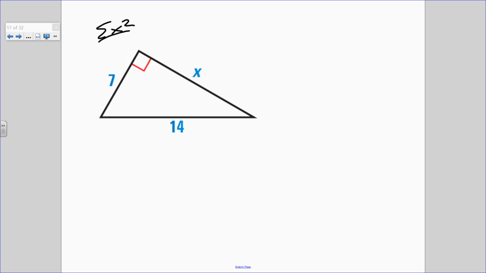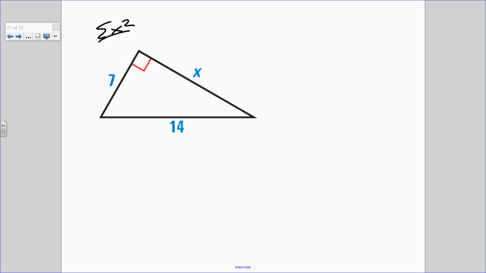Can you provide an argument? Because it doesn't make up the right angle. Thank you. Agita, can you provide a different argument? Right, it's the longest side. That's one argument. Give me another argument. Right, it's across from the 90-degree angle. Nice. Okay, so those are different arguments for why 14 is the hypotenuse.